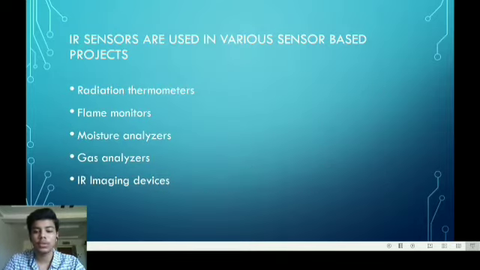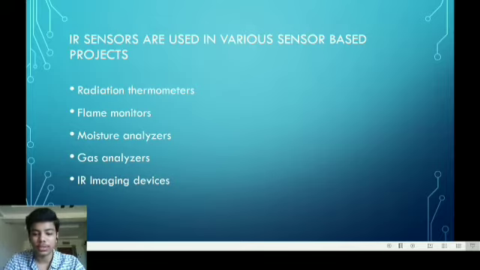IR sensors are used in various sensor-based projects and also in various electronic devices which measure temperature, discussed below: radiation thermometers, flame monitors, moisture analyzers, gas analyzers, IR imaging devices. Let's talk about each of them.